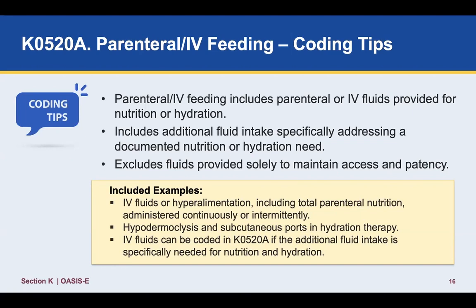And so these examples might be IV fluids for hyperalimentation, including total parenteral nutrition, whether it's continuous or intermittent, hypodermoclysis and subcutaneous ports for hydration. And if additional fluid intake is specifically needed for nutrition and hydration, IV fluids can be coded in this item.